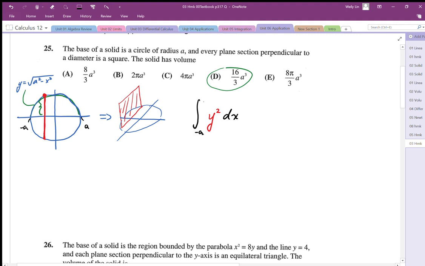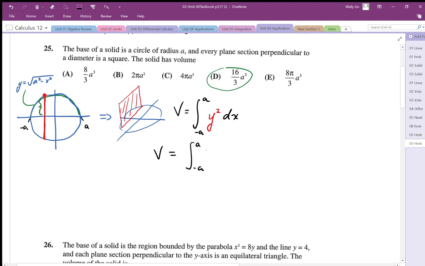That's what my integral is going to look like, and then I'm going to express this in terms of x. I'm going to replace the y with the square root of a squared minus x squared. So then my integral looks like this. I'm going to integrate from negative a to a, and this is going to be my volume.